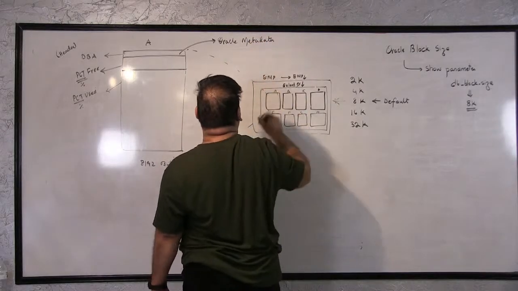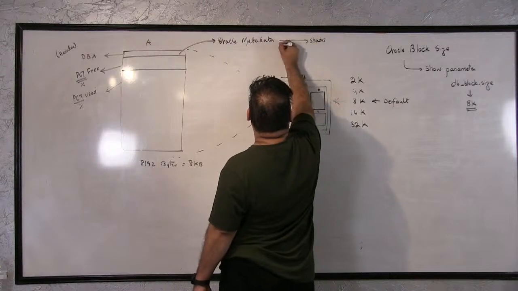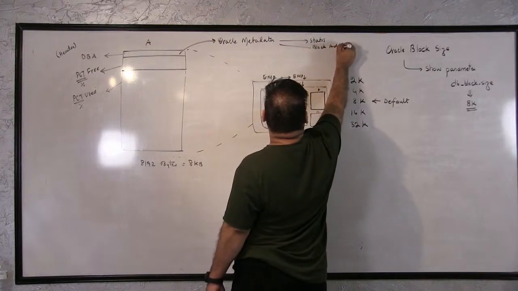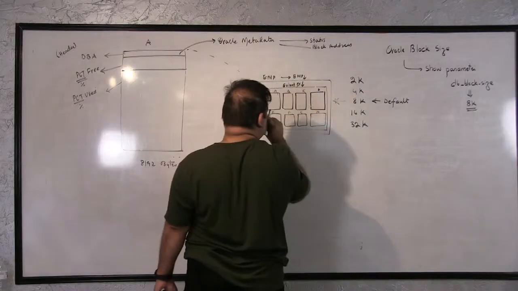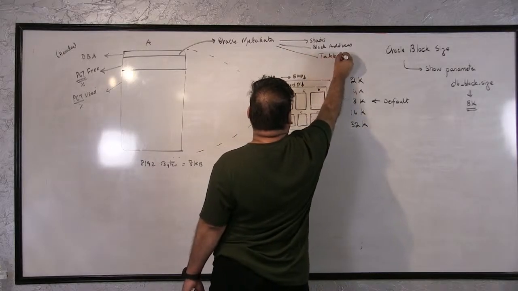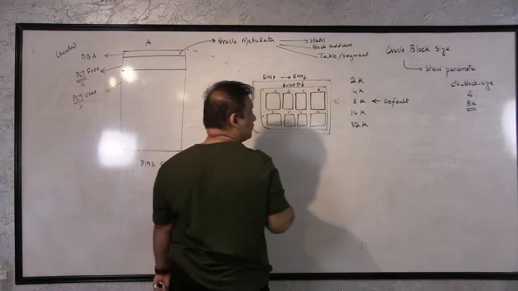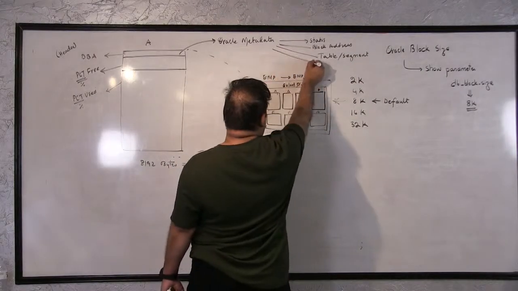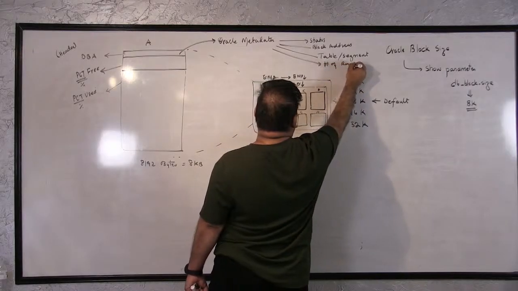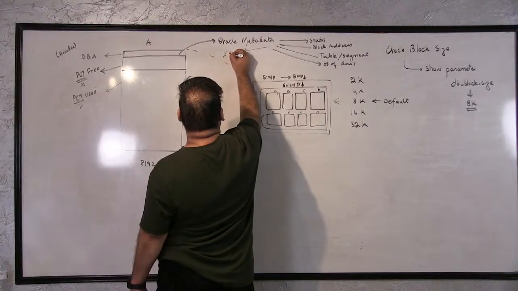What does this metadata include? What is the status of this current block? What is the block header, block address? And then what is its status? And then what are the table or segment this block is associated with? Number of rows this block has. What is the percentage used?